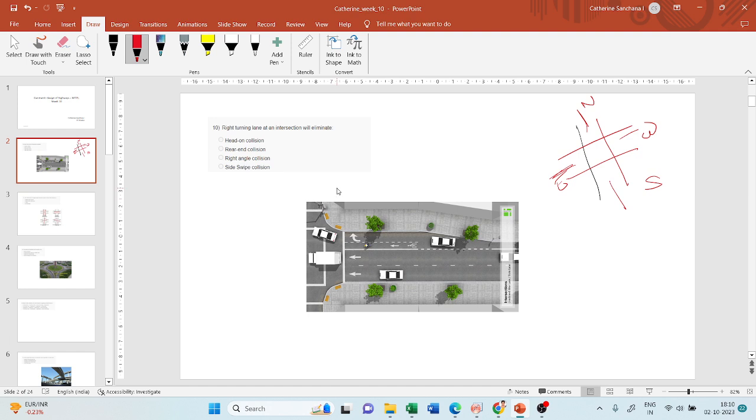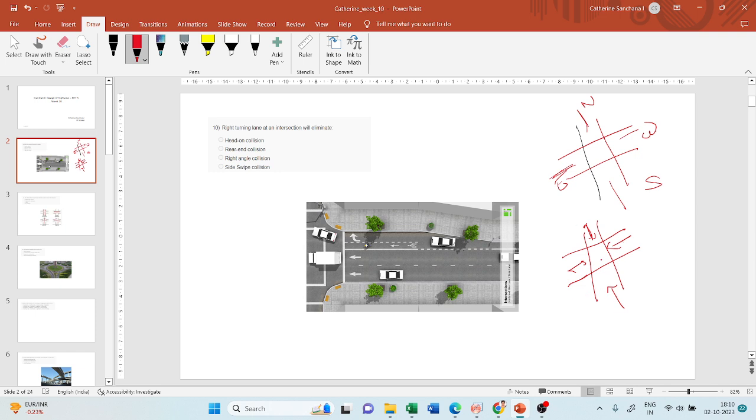So, a right turning lane at an intersection will eliminate what is the question. Let us first understand what a right turning lane is. If you take an intersection of this type, you will call this a 4-legged intersection, because it has 4 extensions, one in each direction. Vehicles will move in the north-south direction and in the east-west direction.